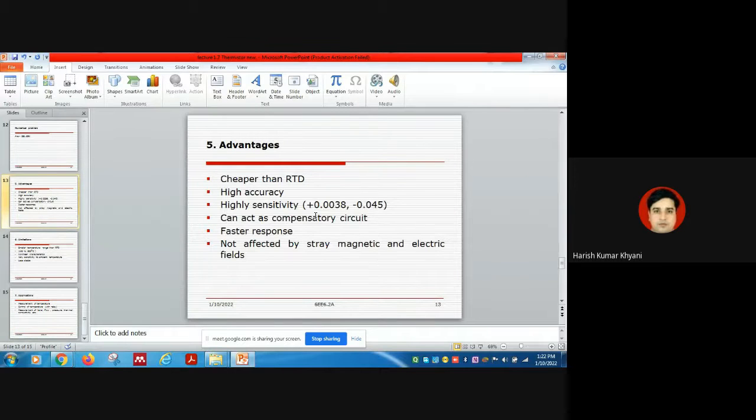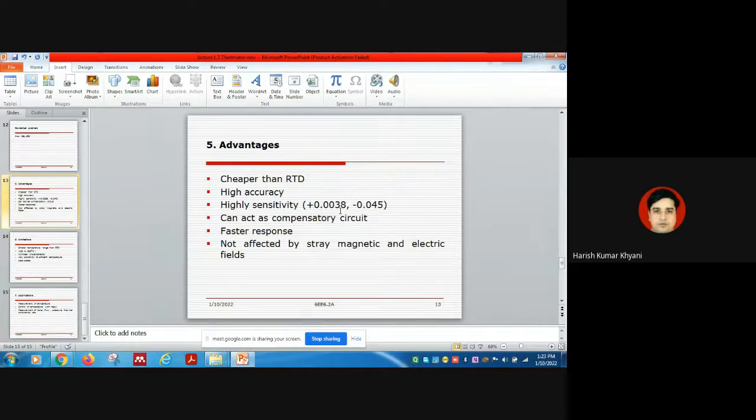Now come to the advantages of thermistors. Number one advantage is it is cheaper than RTD. We have seen the limitation of RTD: it was found expensive, and we have seen high accuracy in the characteristics. It is mostly useful for precise measurement. It also has high sensitivity. Here I have written two values. Please take note of that.